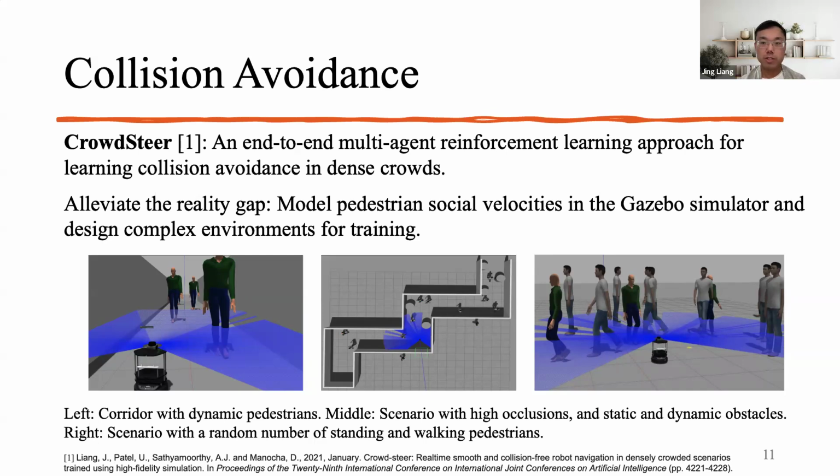The left environment is a corridor with dynamic pedestrians. In this scenario, the robots are trained to find clearance and avoid pedestrians in the corridor environment. The middle scenario has occlusion. In this scenario, the robot learns to pay attention to the corners and also the occluded areas for collision avoidance. And the third scenario is a dense crowd.